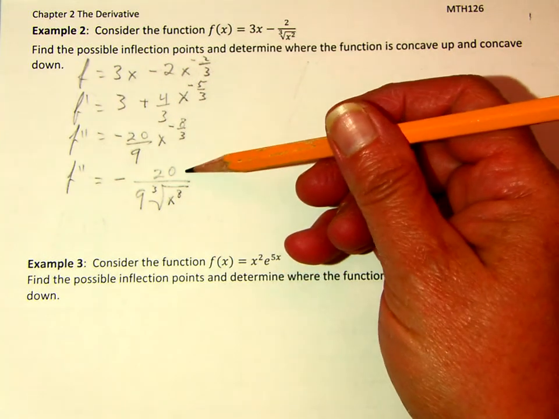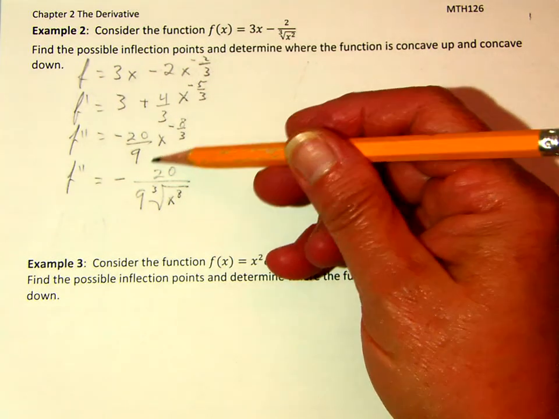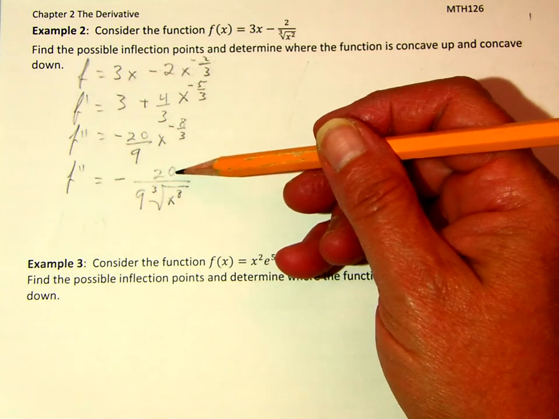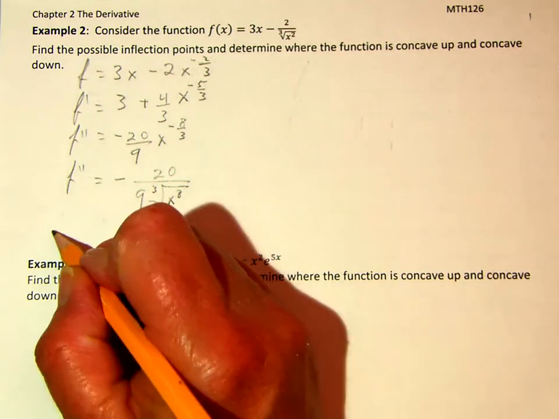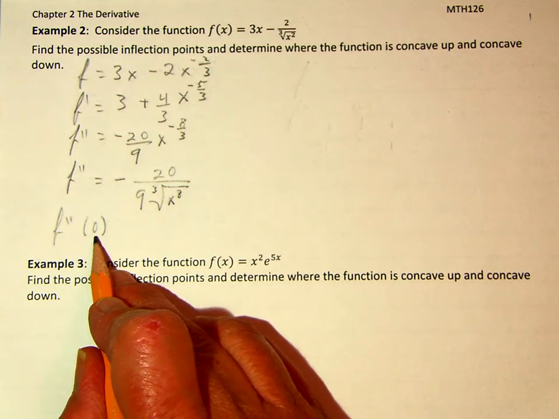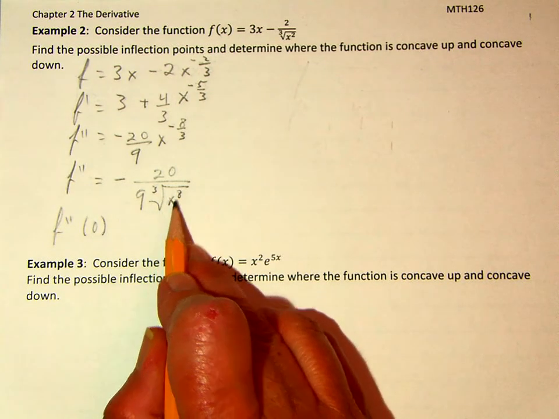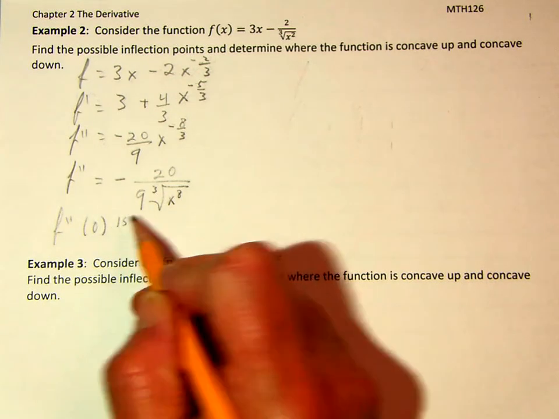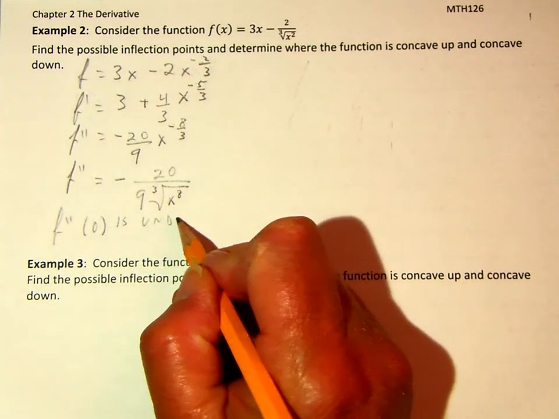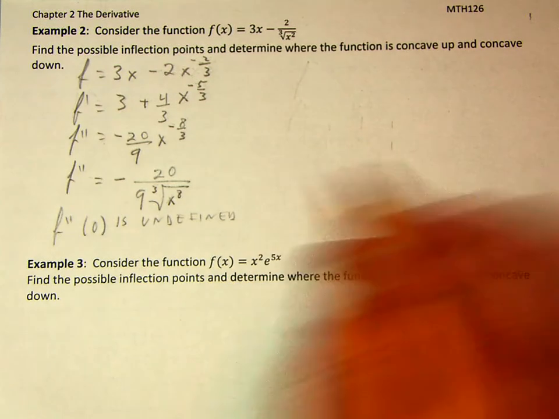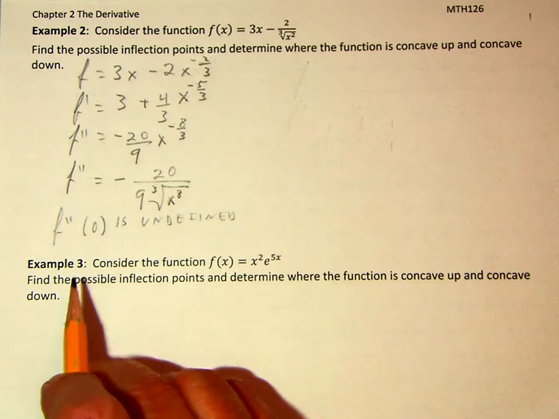Now I can see here the numerator can never be 0. So the second derivative is never going to be equal to 0. But I can also see that if x is 0, the denominator is going to be 0. So the second derivative is undefined at that point. And that is our only critical number.